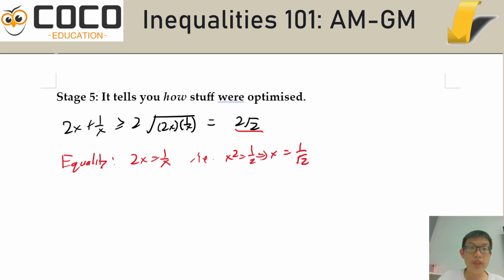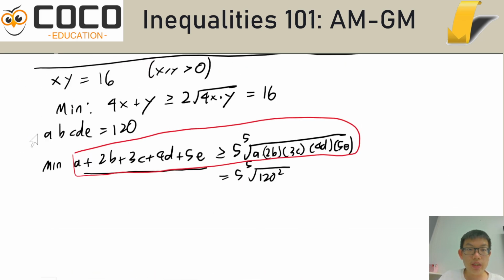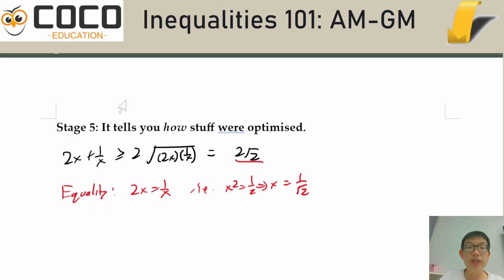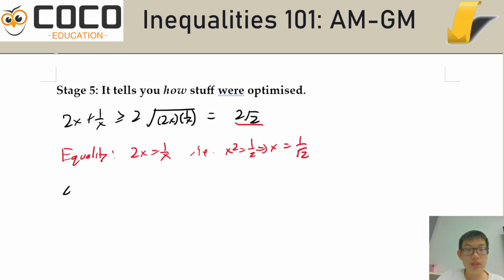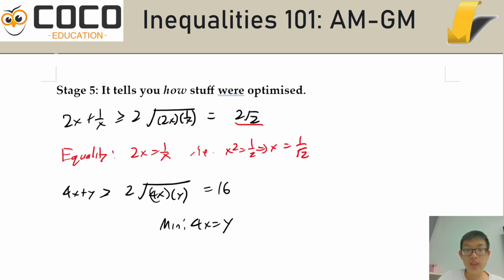If I had the example here where I had xy equals 16 and I want the minimum value of 4x plus y, then it just means that I should have 4x equals y at that minimum value. Which, of course, if you say, when does it happen? Well, simple, right? If 4x plus y equals 16, if both sides are the same, then they should be 8. So x equals 2, y equals 8 is how we manage to make them the same.